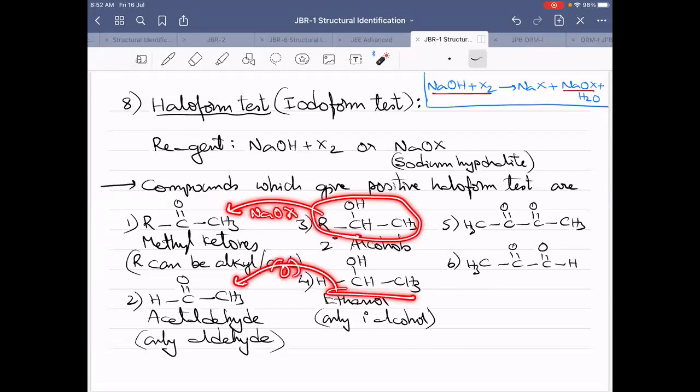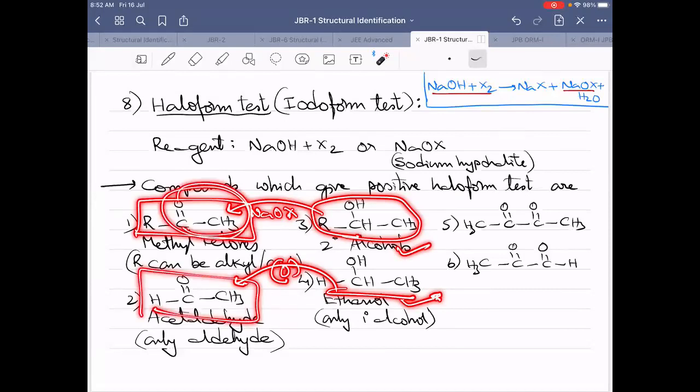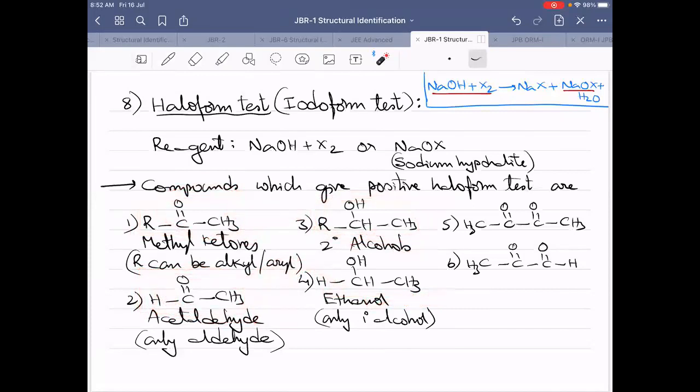That means even though you are taking alcohols, as soon as they are added, they start participating in the reaction. Ultimately, they are going to form these compounds only, and these have methyl ketones. That is the reason why these two compounds also give the reaction.